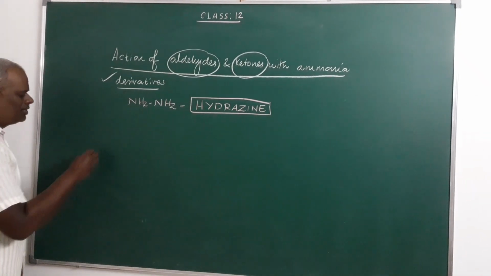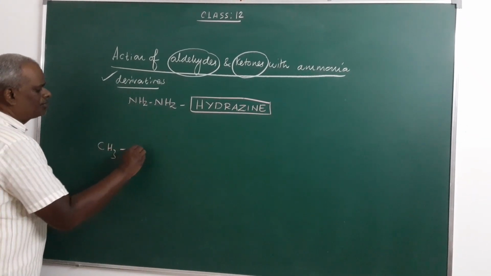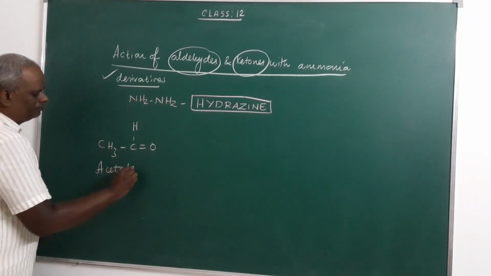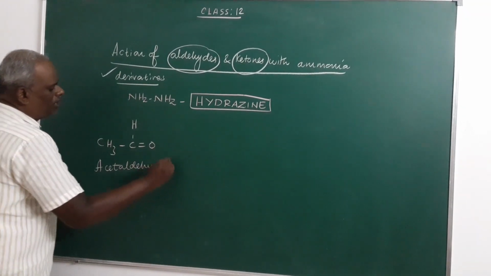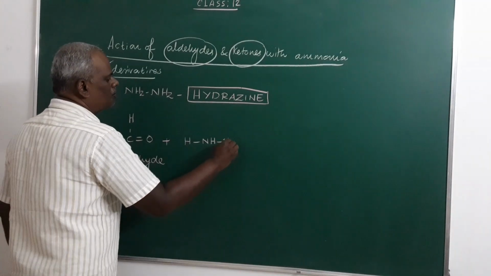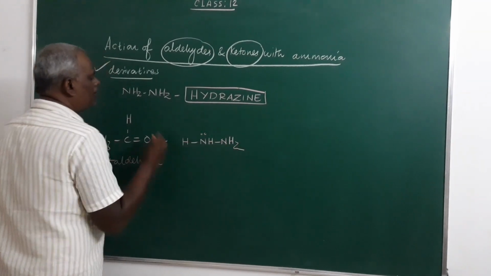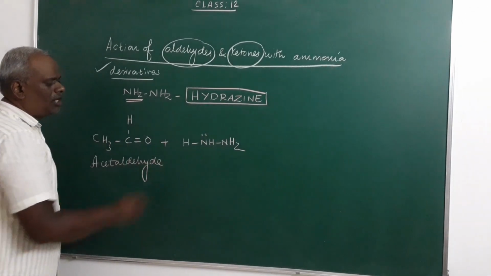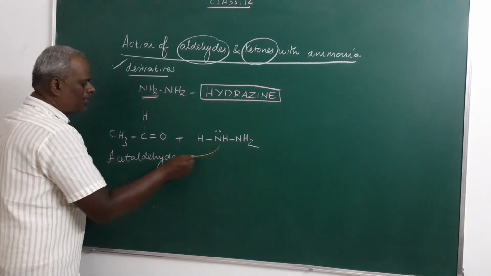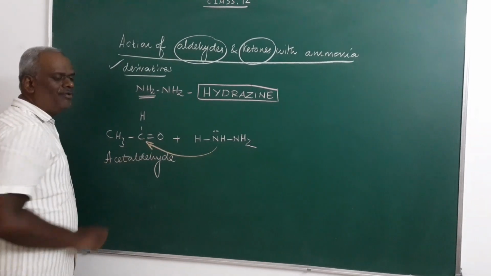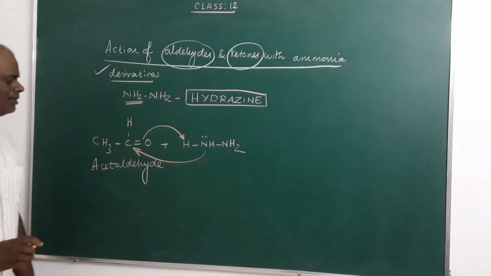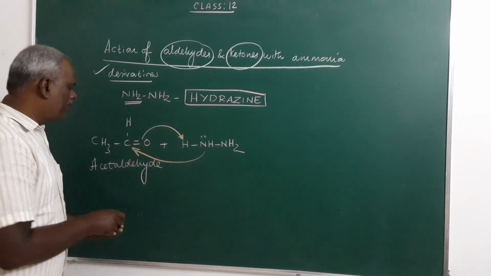I will start with acetaldehyde as usual, CH3 C double bond O H. When this acetaldehyde reacts with hydrazine, HNH-NH2, from which one of the hydrogens is taken out for easy understanding, the nitrogen can donate electrons. It is the nucleophile attacking. Protonation takes place.